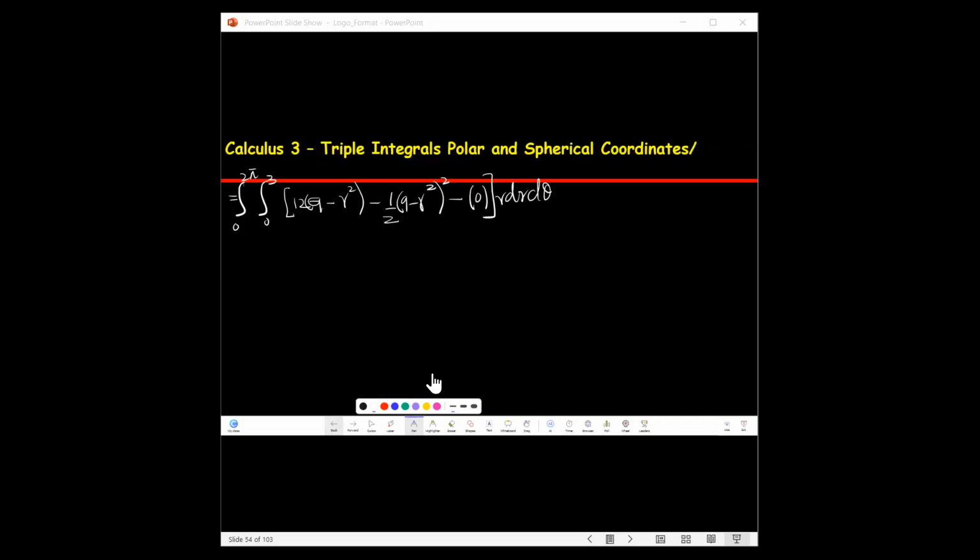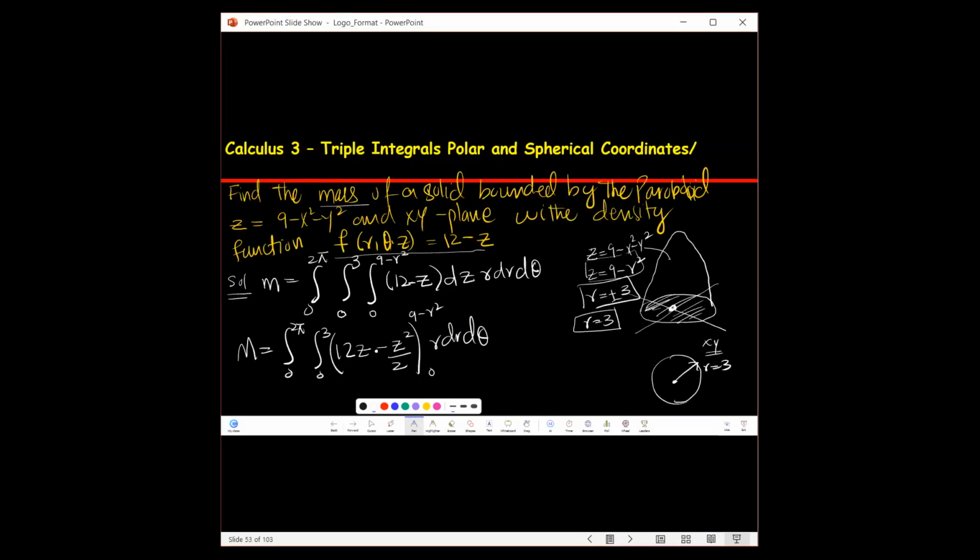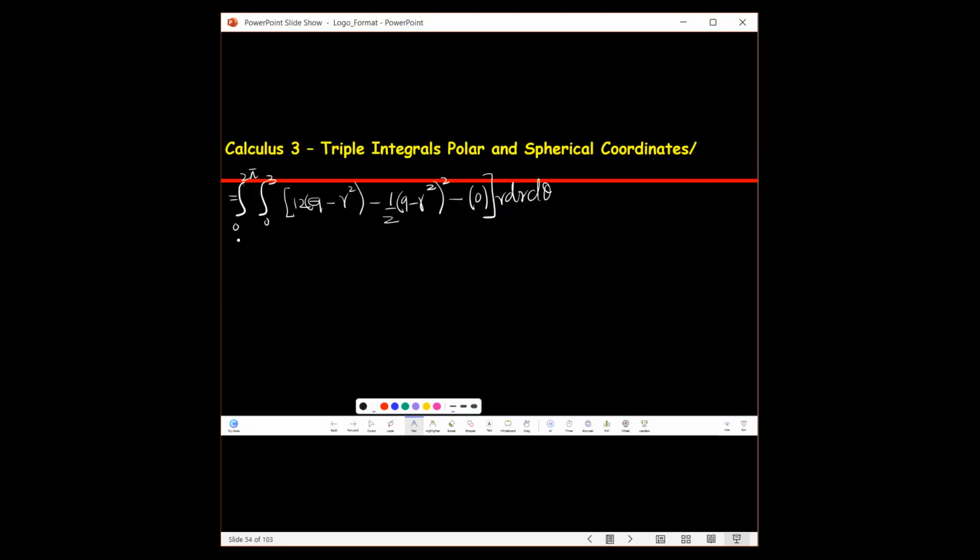All I did was substitute the value of 9 minus r squared wherever z is, and we have two places where z is, z multiplied by 12 and z squared divided by 2. I substituted here, and then minus 0 because the other limit is 0.